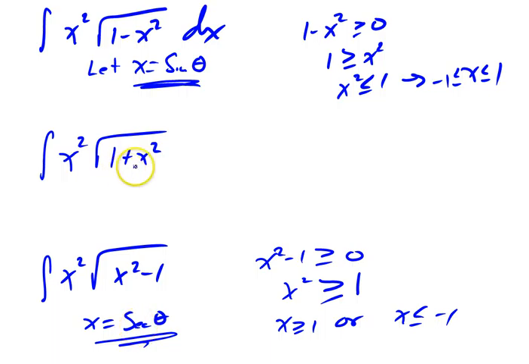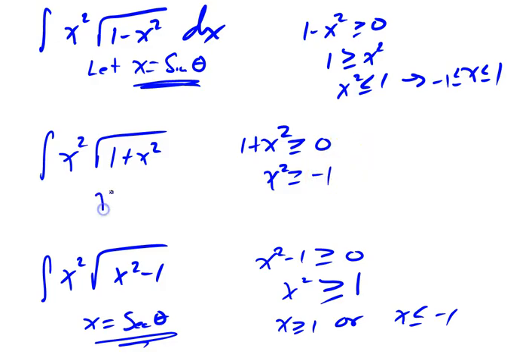This one actually doesn't have a restriction, because if I look at, say, hey, when is 1 plus x squared greater than or equal to 0? Well, that's when x squared is greater than or equal to negative 1. Well, heck, x squared is always positive. It's bigger than negative 1. So that's no restriction at all.